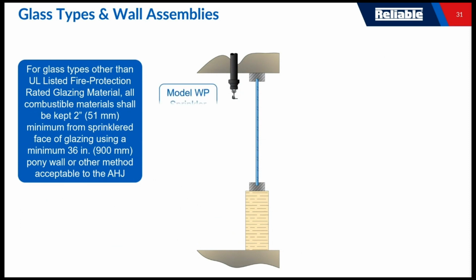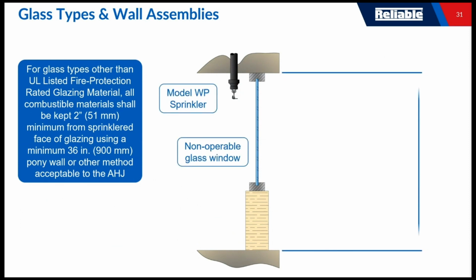When we talk about installing it in a window surface area, we need to be concerned about what type of glass material it is. If we're looking at just a typical heat strengthened tempered glazing material, we could actually have a small fire occur, like in a waste paper basket, that could heat the glass, and by the time the sprinkler goes off, it could shatter the glass.